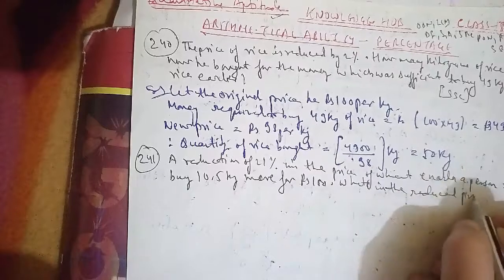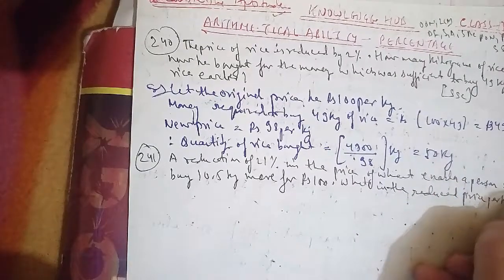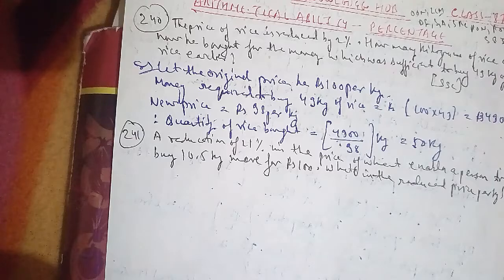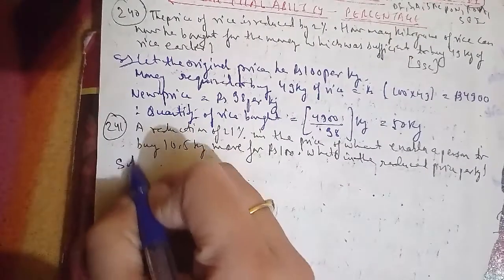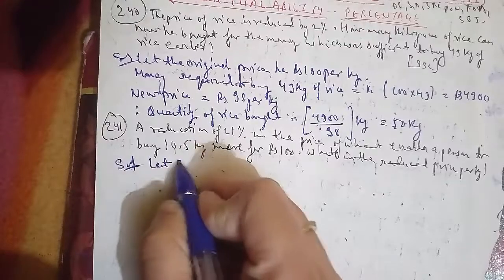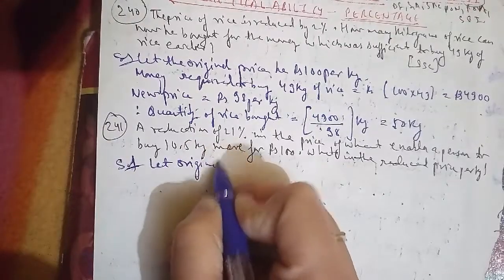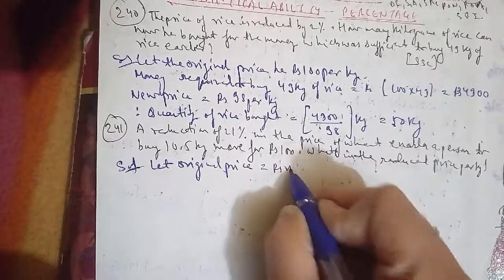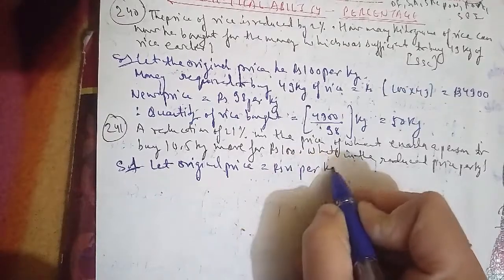So let the original price equal rupees x per kg. The reduced price equals rupees 79x upon 100 per kg.